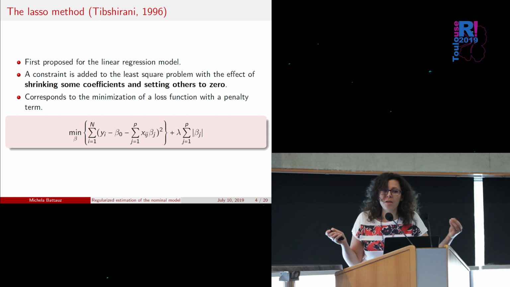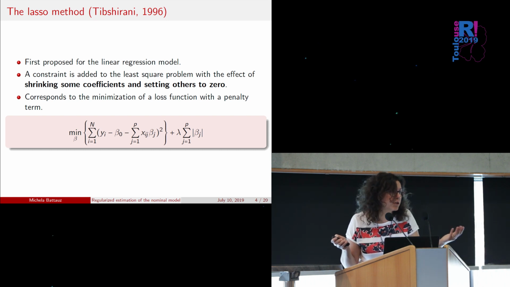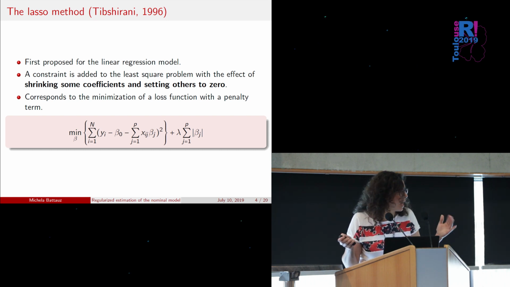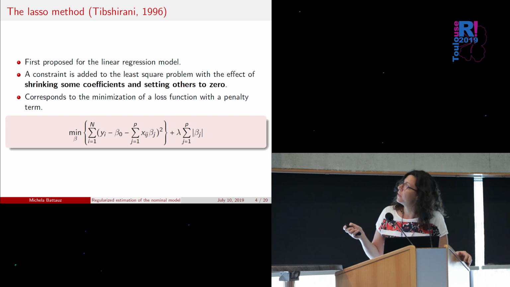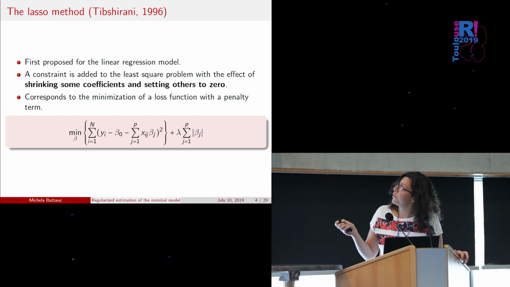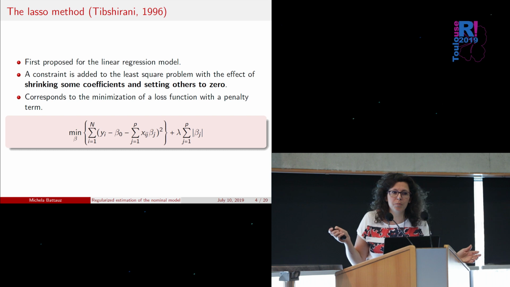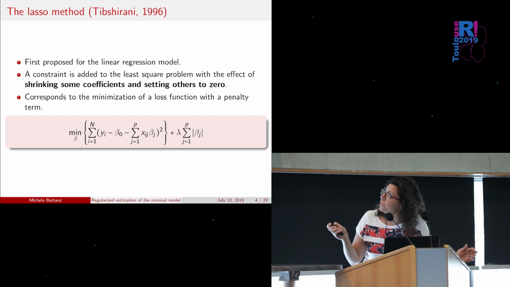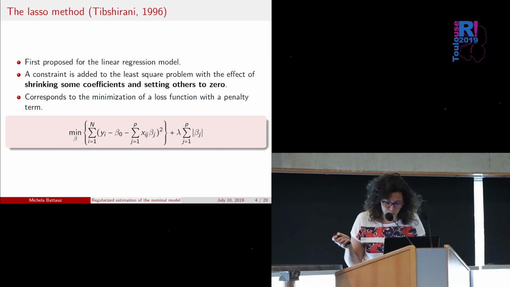It has the effect of shrinking the coefficients towards 0 and setting some of them exactly at 0. It requires the minimization of a loss function that, for the linear regression model, is the residual sum of squares plus a penalty term, where we have the sum of the coefficients in absolute value multiplied by this tuning parameter lambda, which determines the amount of shrinkage.